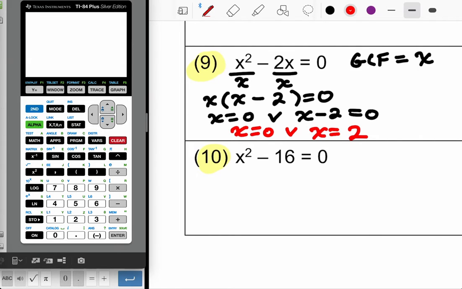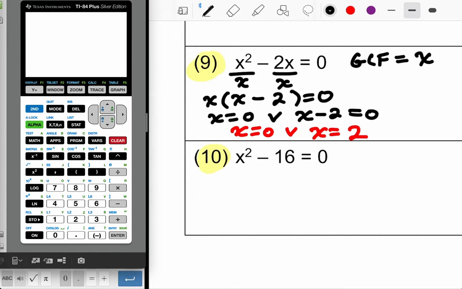All right. Now, number 10, that one is a difference of 2 perfect squares. We know that because there's a minus sign. That's the difference of 2. Well, there are 2 things, each of which is a perfect square. x squared and 16, both of which are perfect squares. All right.